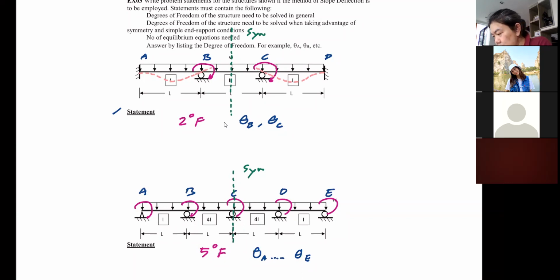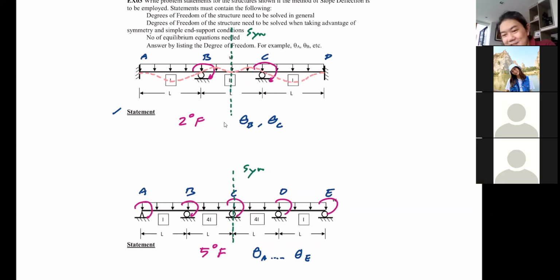Yes. Say if I have the deflected shape, it should be like this, because if the beam is symmetric, my deflected shape should also be symmetric, correct? Yes. Good.